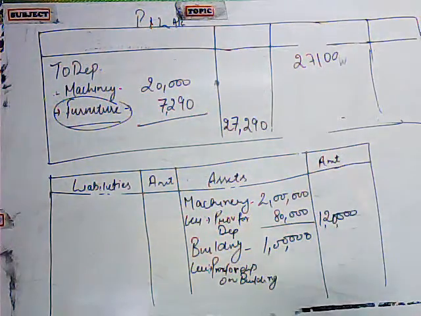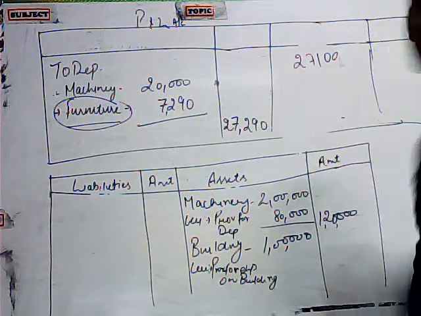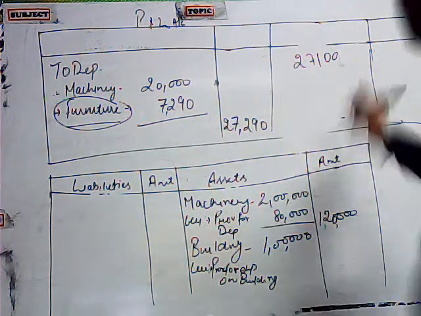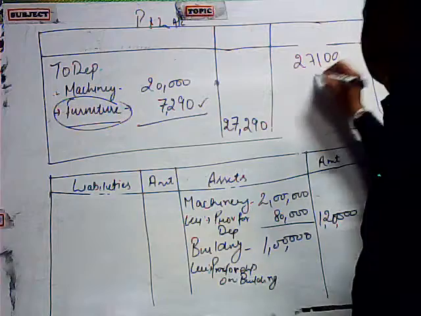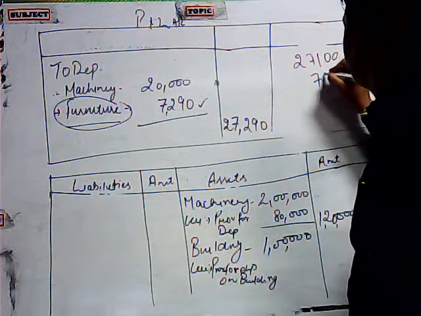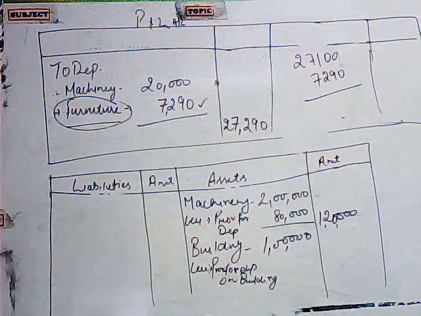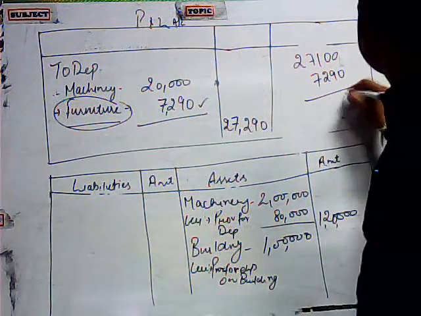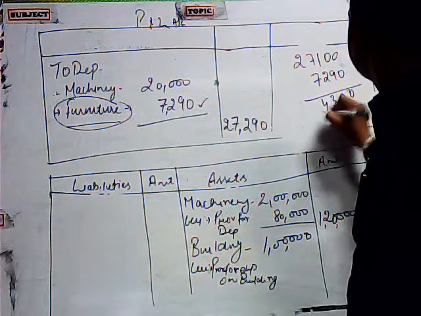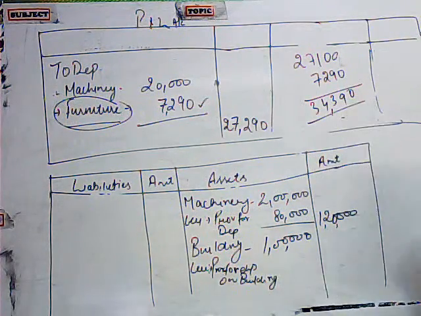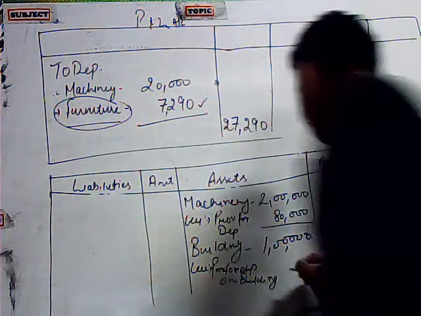That is the old value for your furniture, and the new depreciation for this year is 7,290, and the total is 34,390.